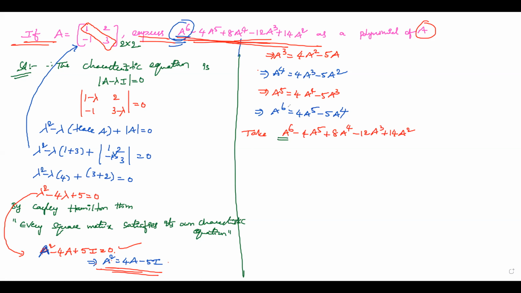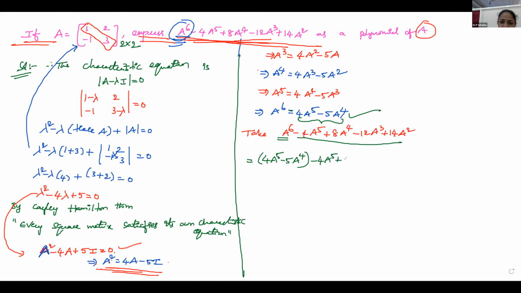So now here I am substituting a power 6 value. That is a power 6 value, 4a power 5 minus 5a power 4. Remaining polynomial you should write as it is. So that is minus 4a power 5 plus 8a power 4 minus 12a cube plus 14a square.